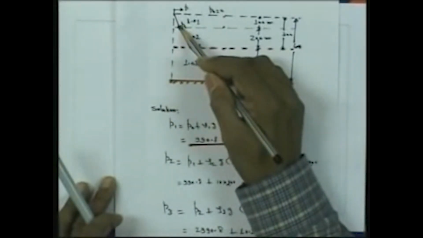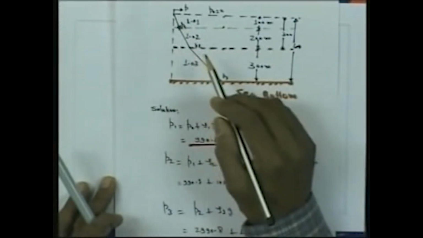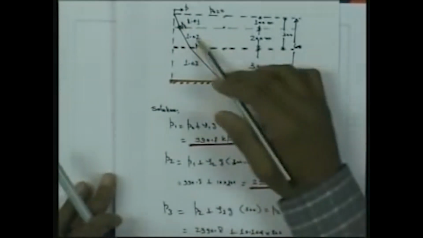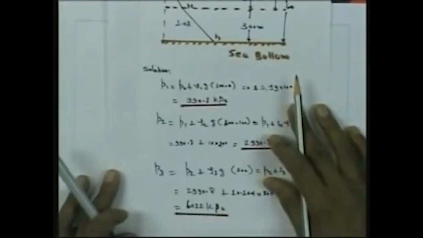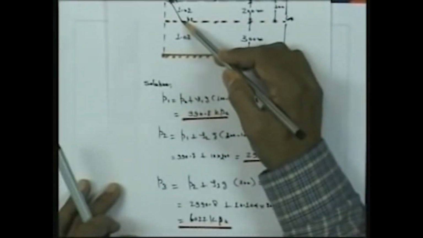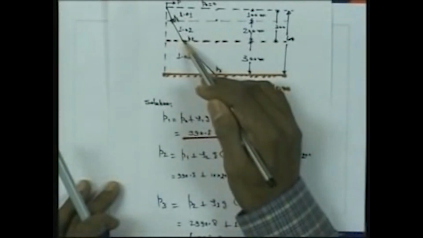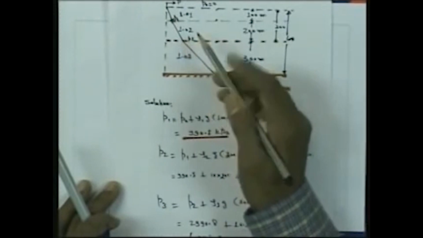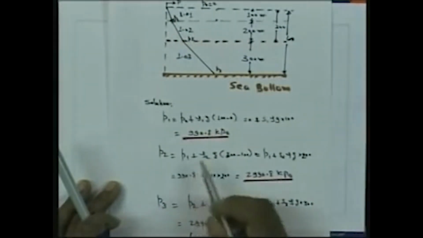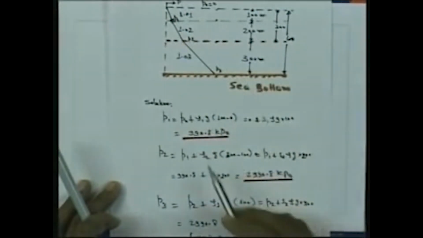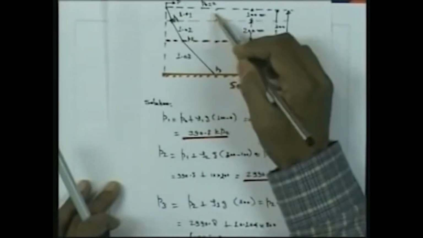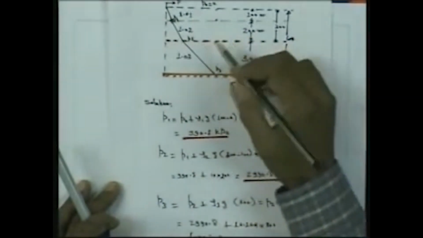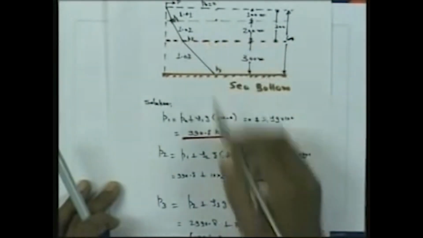So, at this location the pressure will be 990.8 kilopascal. Similarly, now we will determine the pressure at this interface between layer 2 and 3. So, P2 is equal to the pressure with respect to the top layer, P1, that we have to add, plus the specific weight of the liquid in this layer.